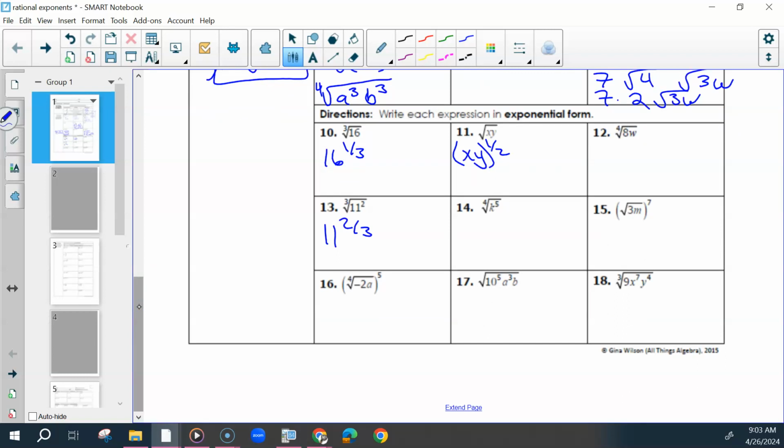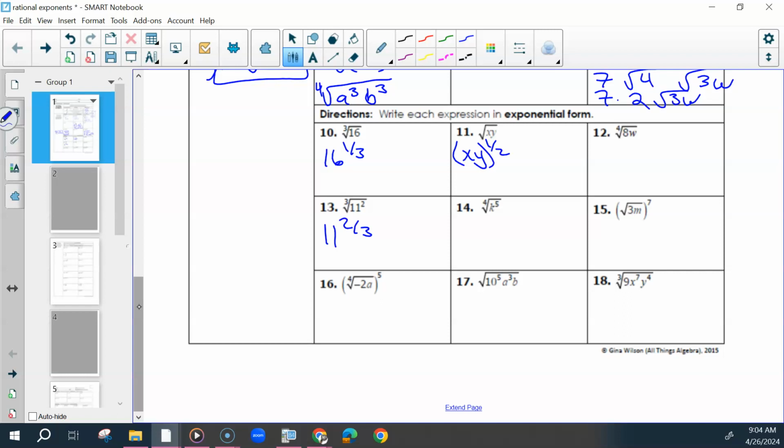15. Ashley, why did I write 15? Start with what's inside the parentheses.